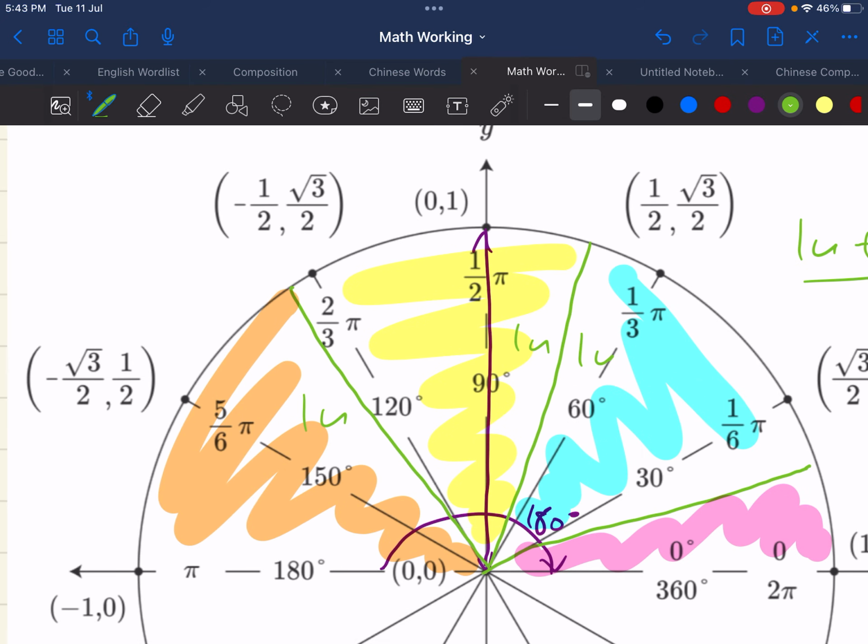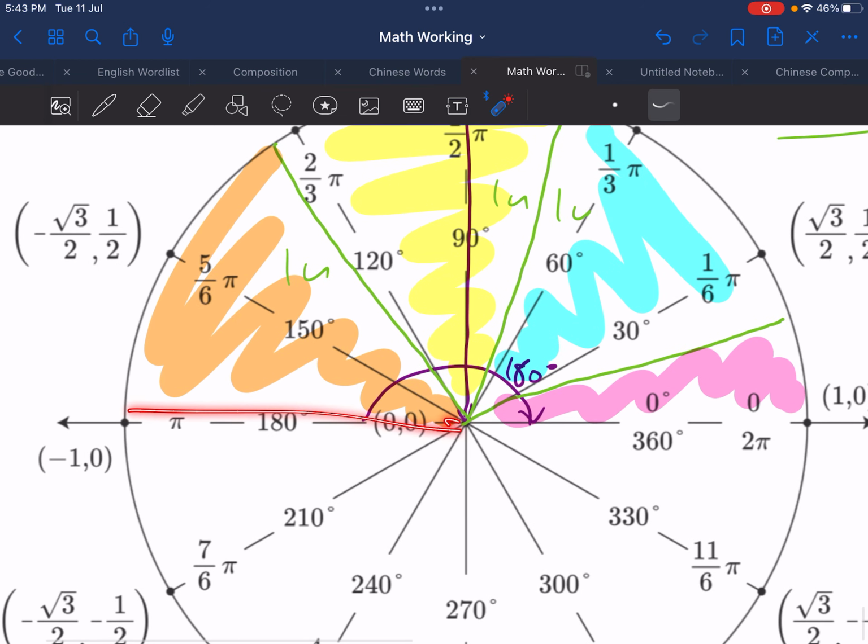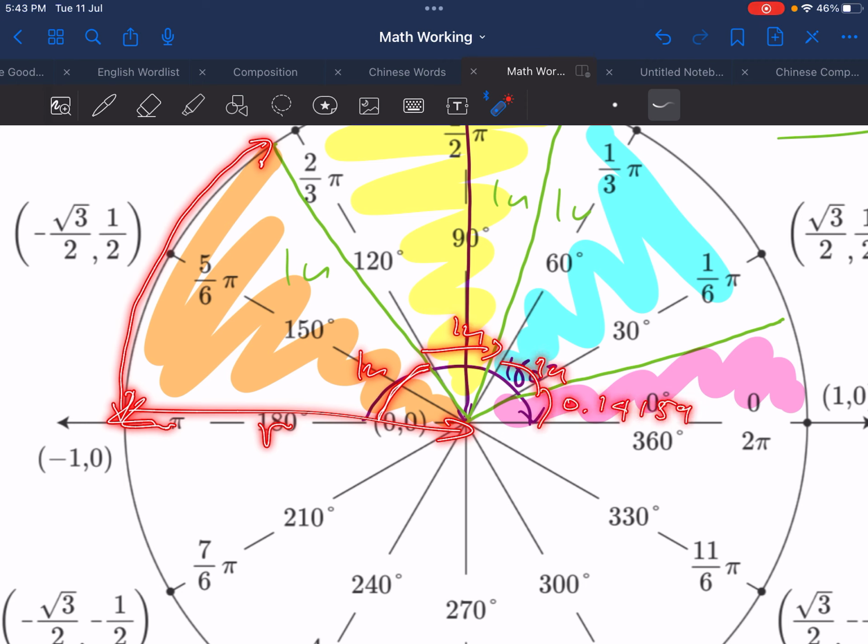And let me tell you another rule that I forgot to mention, that radius, we all know this is the radius. Am I right? This radius is here at this arc, specifically the arc where this is 1 unit, this is 1 unit, this is 1 unit, and this is 0.14159 unit.